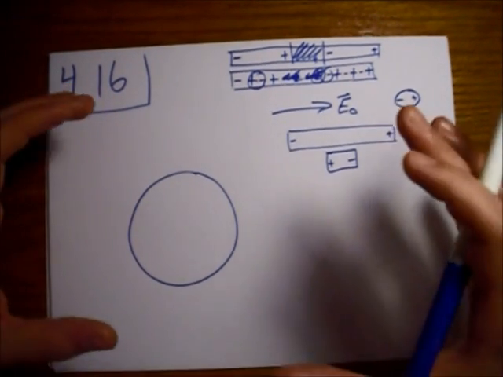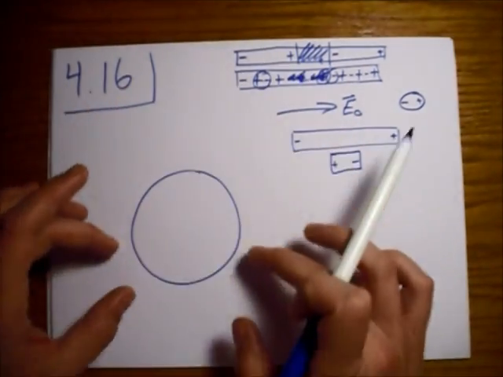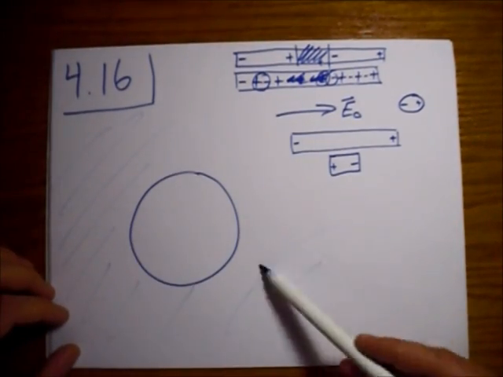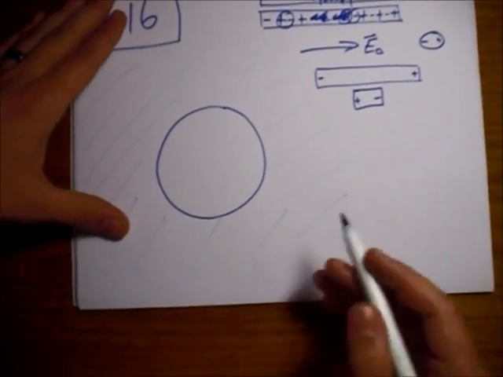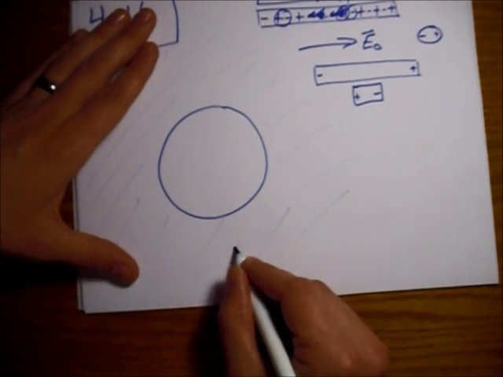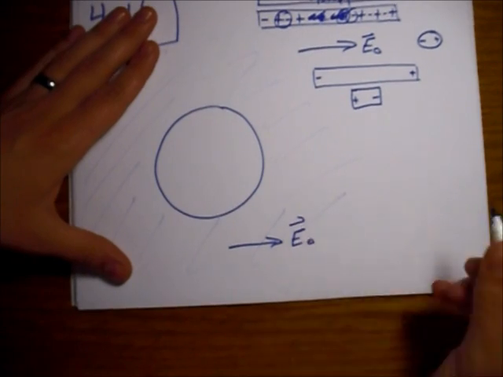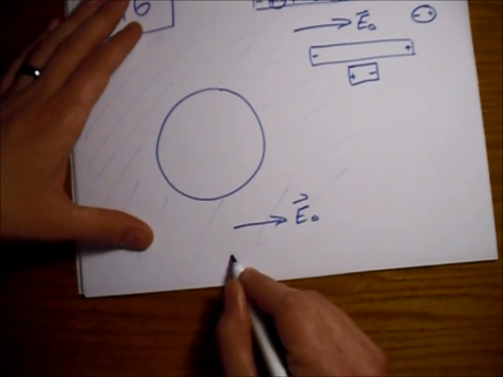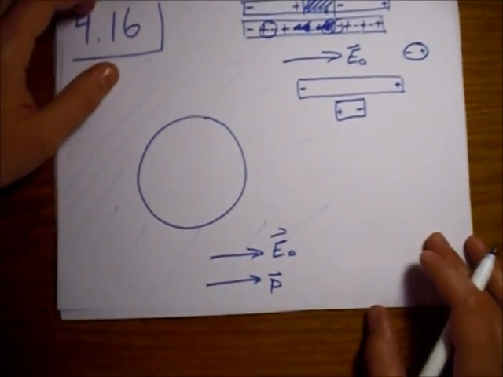So first we're looking at a sphere, and it is actually a spherical cavity. So if I color the background, this tells us it is embedded in some dielectric. All right, so I'm just going to say outside the sphere, the electric field is E naught, and the polarization is also going in that direction.